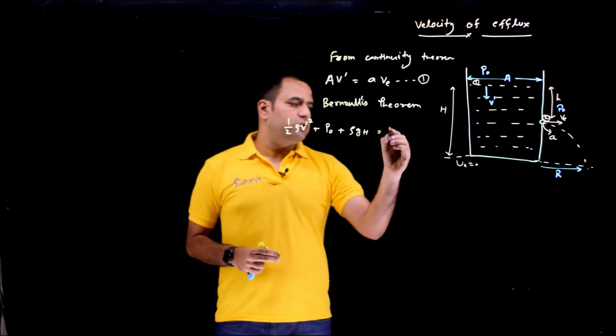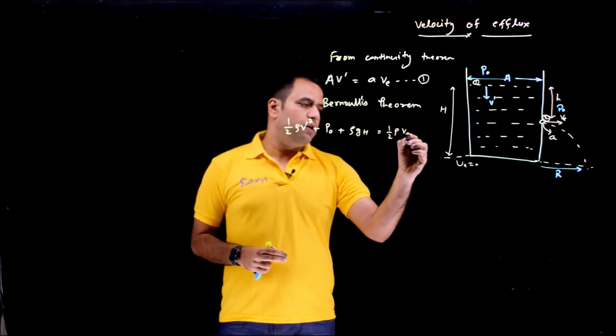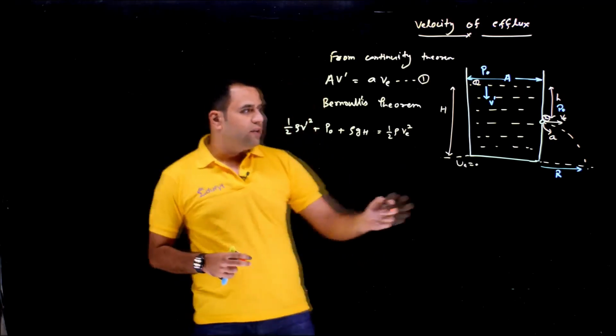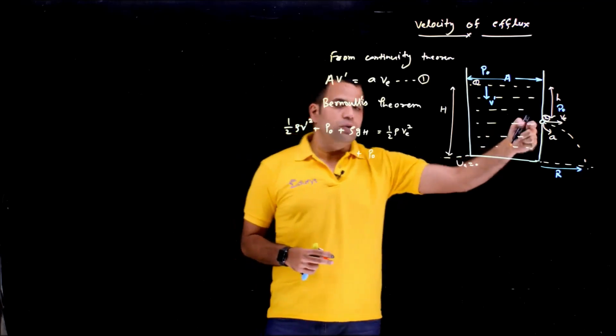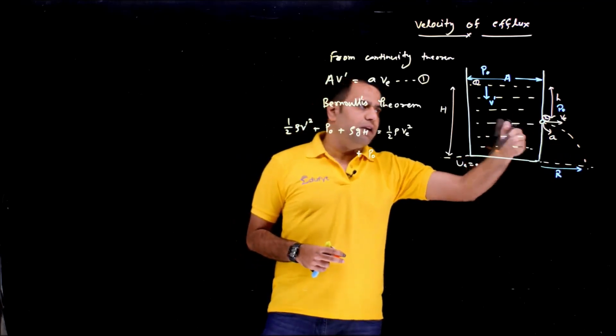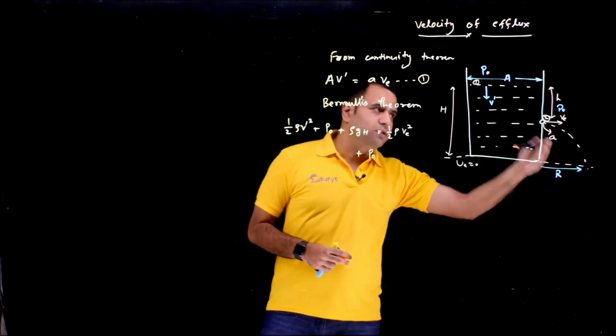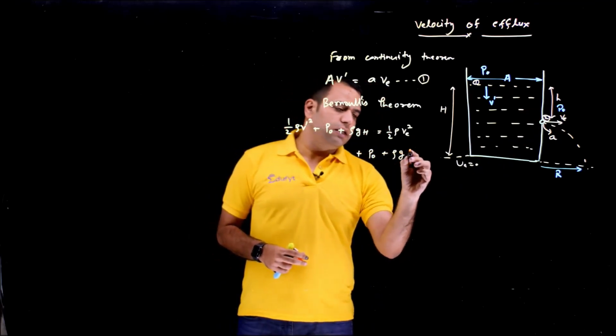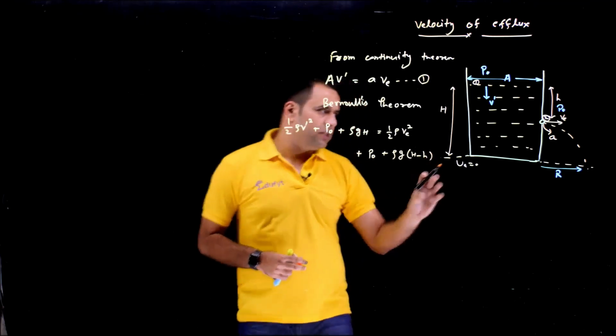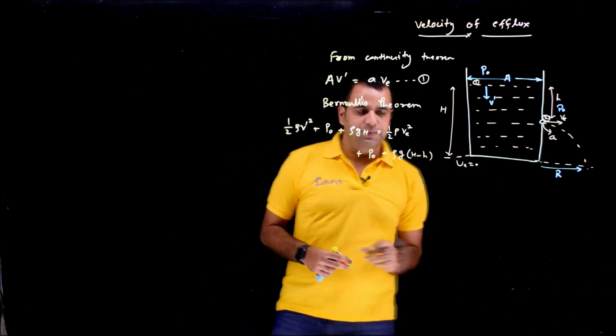That will be equal to half rho VE square, VE being the velocity at point 2, plus P naught. This point 2 is also outside, where the liquid is coming out, so the pressure there is also P naught, plus rho g times capital H minus small h.